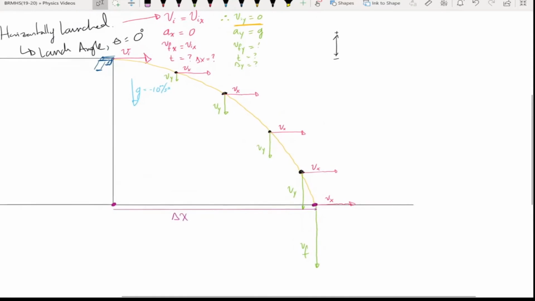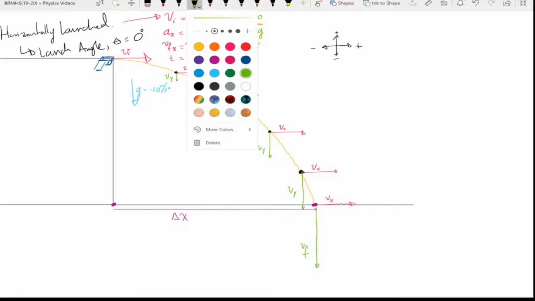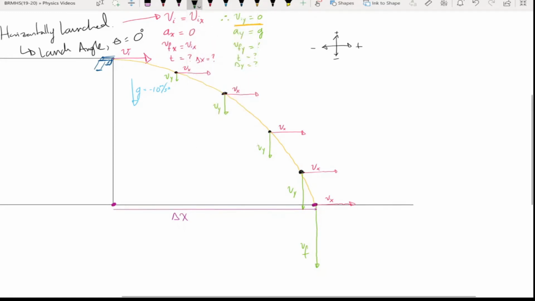It's in the positive direction if I call right positive. I've got to do that too, let me add that to my picture up here. To the right is positive, to the left is negative. It's always good to define that. Convention is to the right is positive and up is positive. Now let's look at our vertical stuff. Let's use a darker green.